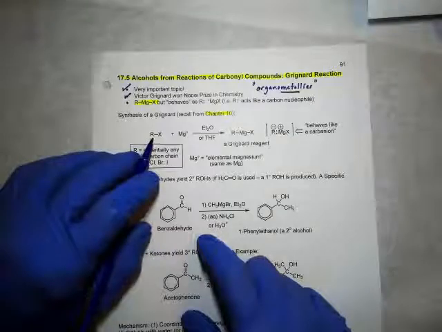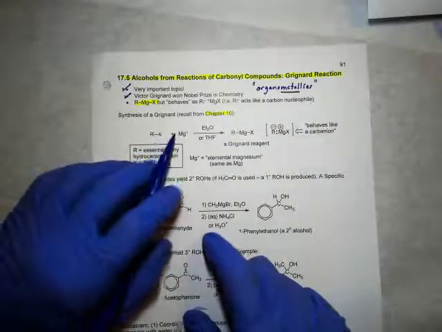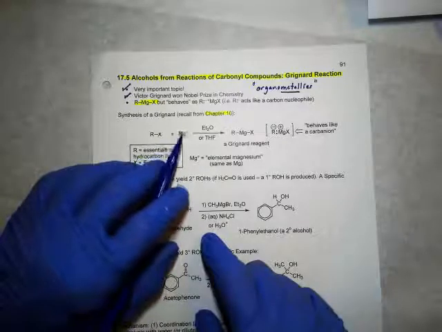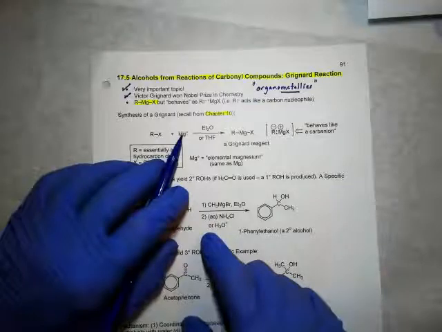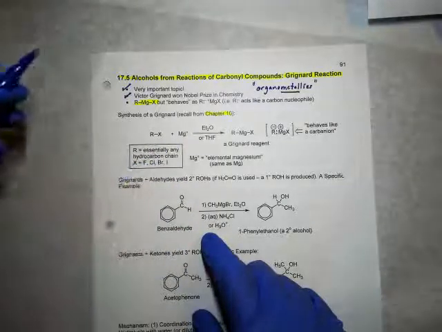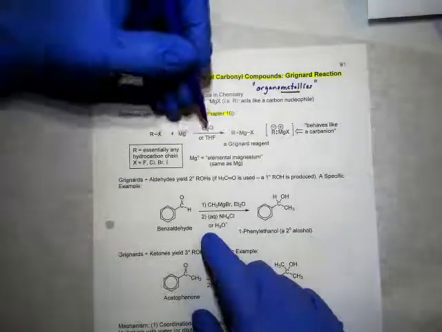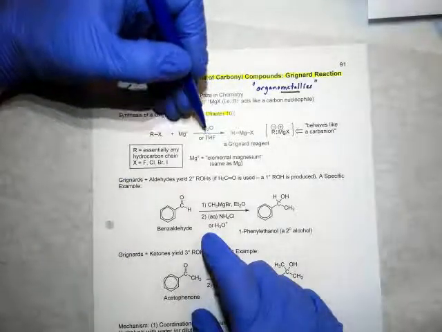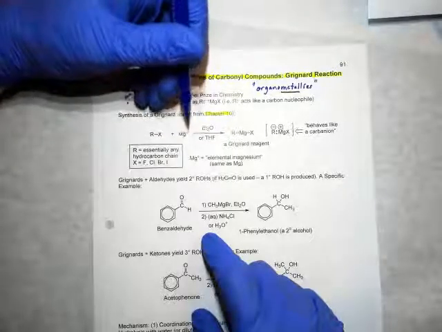Then you placed it with magnesium, and this is magnesium metal. It's a metal, and nothing happens. However, if you add an ethereal solvent such as diethyl ether or tetrahydrofuran, you get a Grignard reaction.